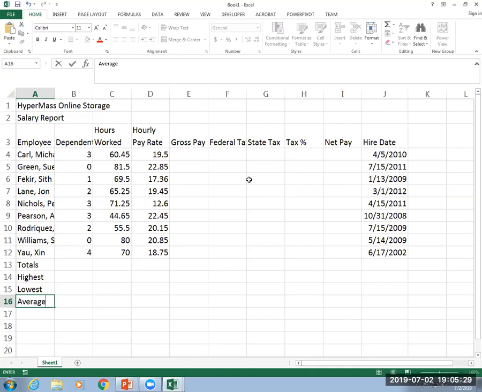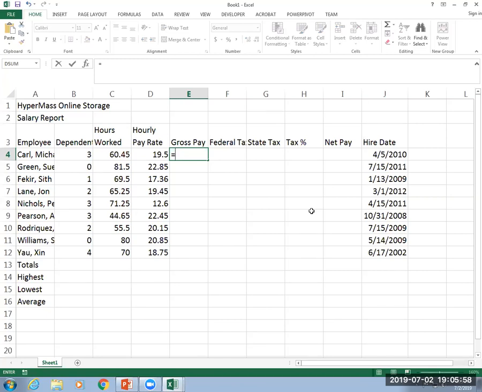And so in gross pay, for example, the formula for gross pay is going to be the hours worked times the hourly pay rate. So in order to calculate that, we need to tell Excel that we want to create this calculation, and to do that we type in the equal sign to tell it that we want to do a calculation.